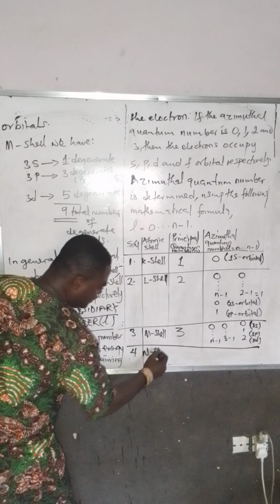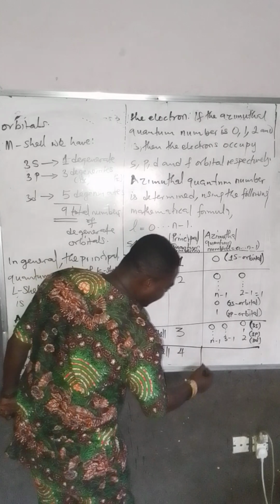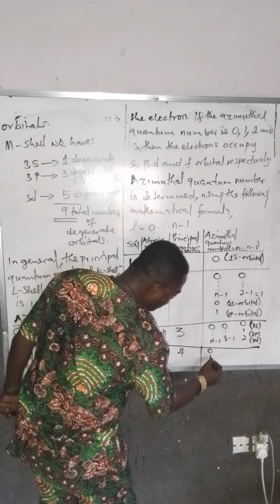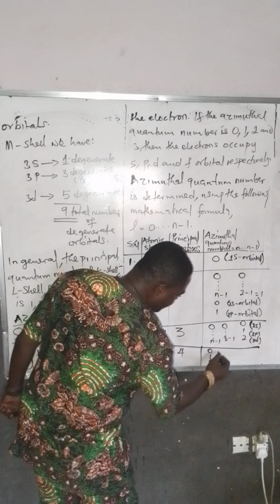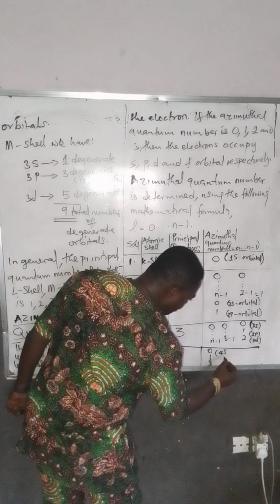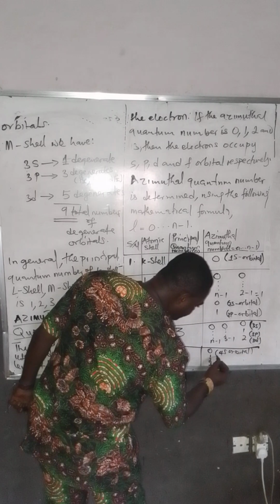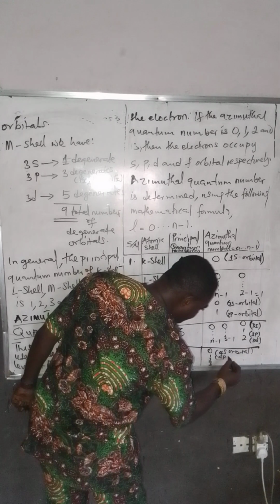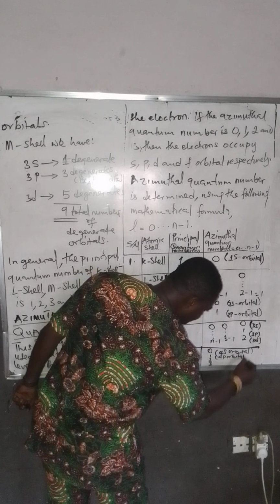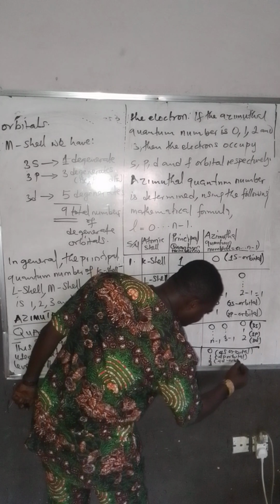So the last shell here is the N shell. Principal quantum number is 4. So if we are to do that, you have 0, 1, 2, and 3. This one means the 4s orbital. This one has the 4p orbital. This one has the 4d orbital.